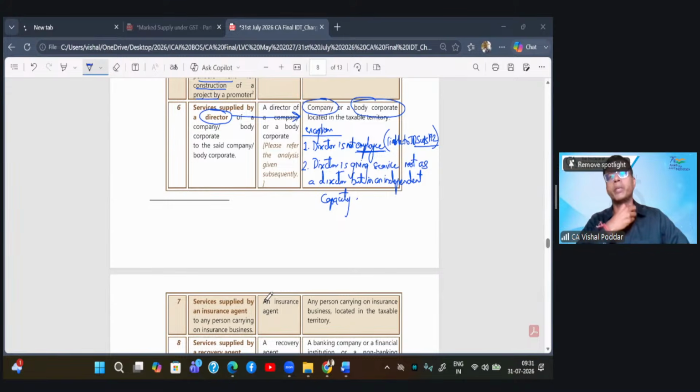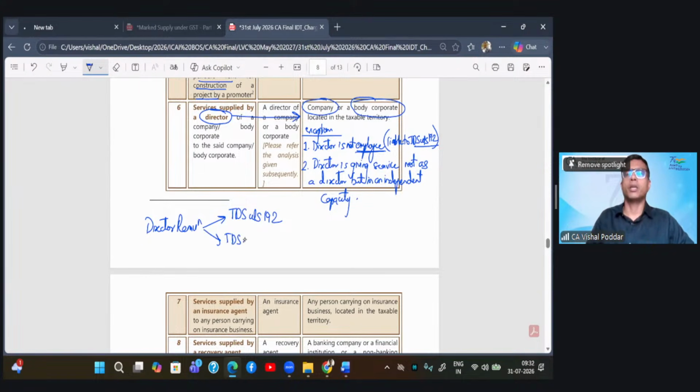Rather, what you have said is not completely correct. See, what the director gives to the company, the entire service of the director is under income tax. Please understand, director service is leviable to TDS, but there are two kinds of TDS. Either the director's fees is subject to TDS under section 192, or the director's fees is subject to TDS under section 194J.